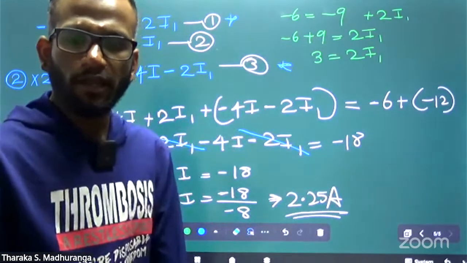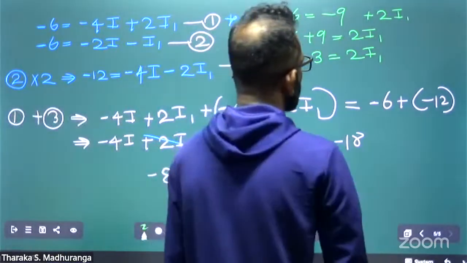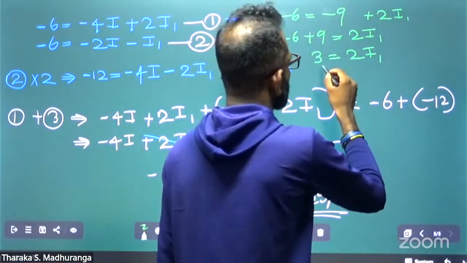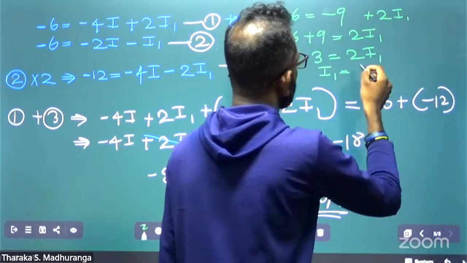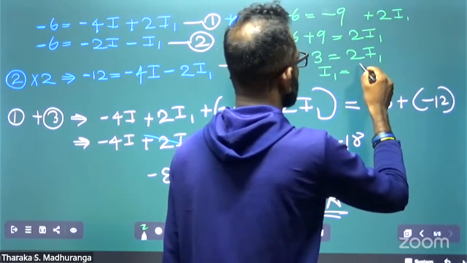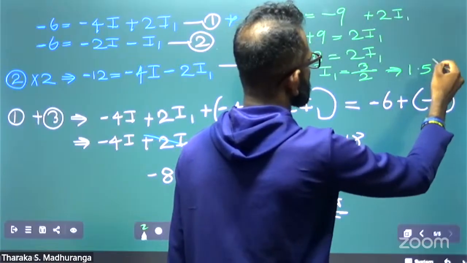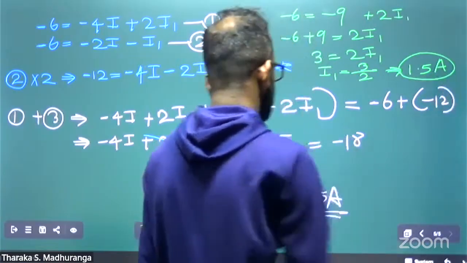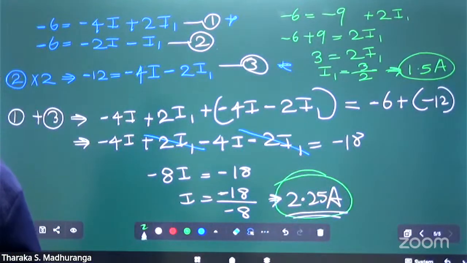Is it coming exactly 1 or 1.1? Sorry, divide both sides by 2, so I1 equals 1.5 ampere, and I equals 2.25.